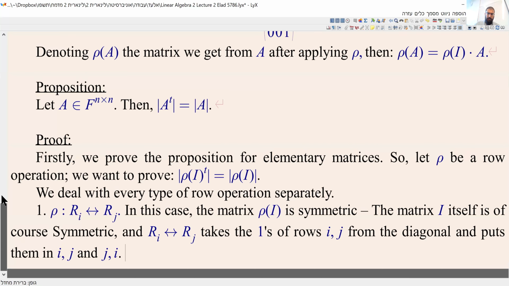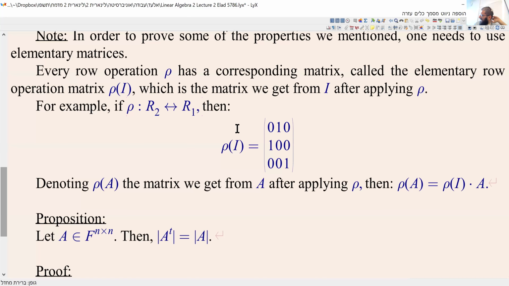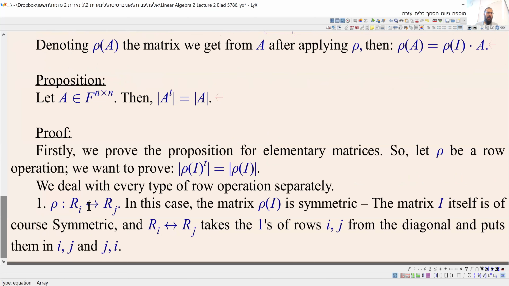For example, if we applied here row 2 and row 1 switching, then the ones of row 1 and row 2 go to the places 1,2 and 2,1 in the matrix. And generally speaking, when you switch row I and row J, the one goes to IJ and JI respectively.